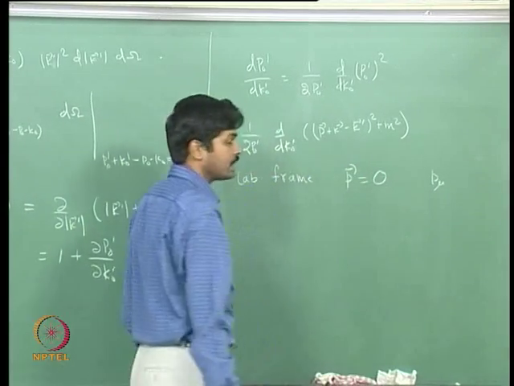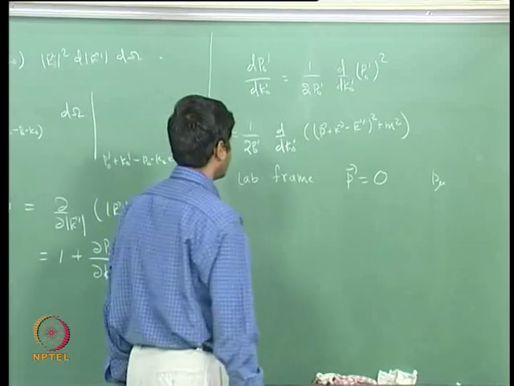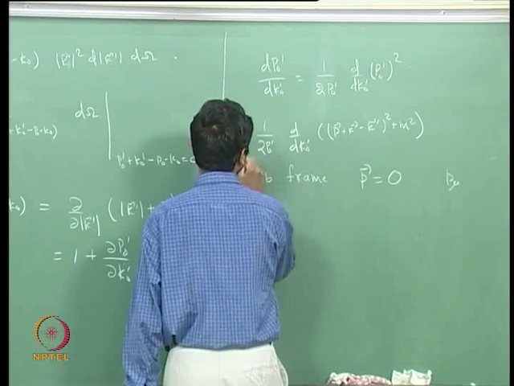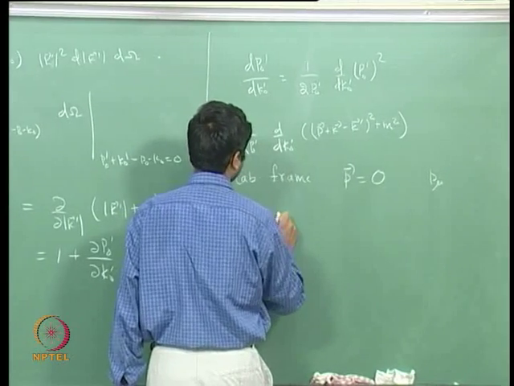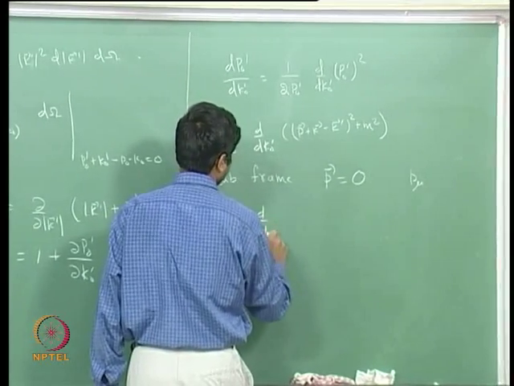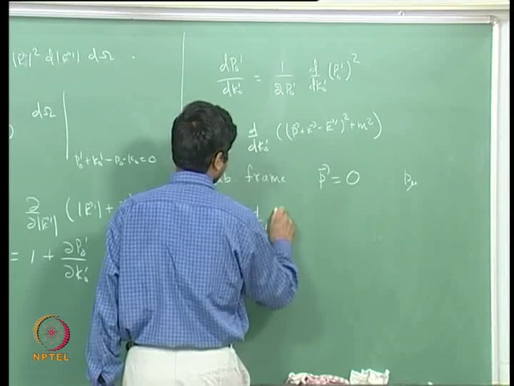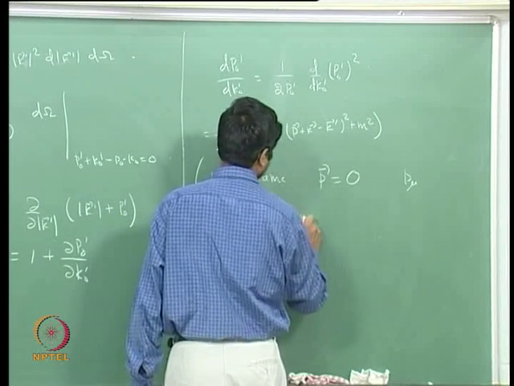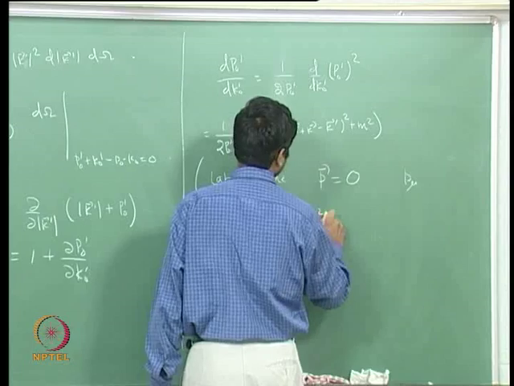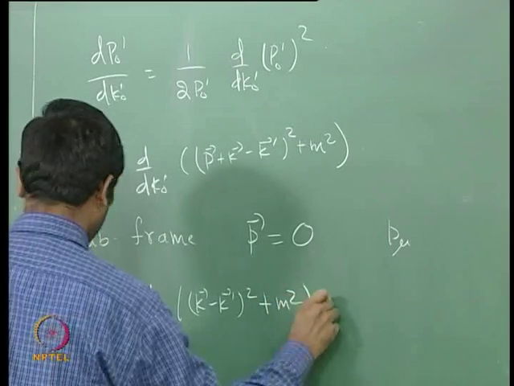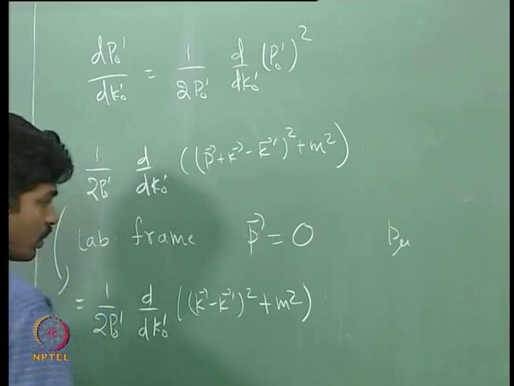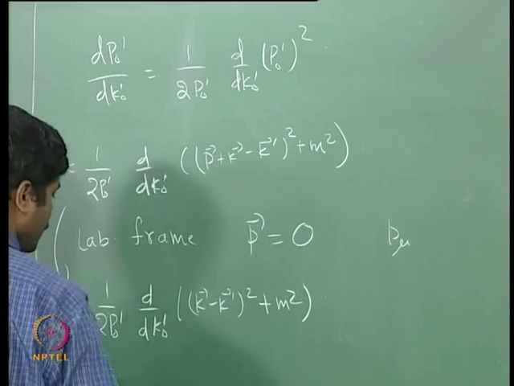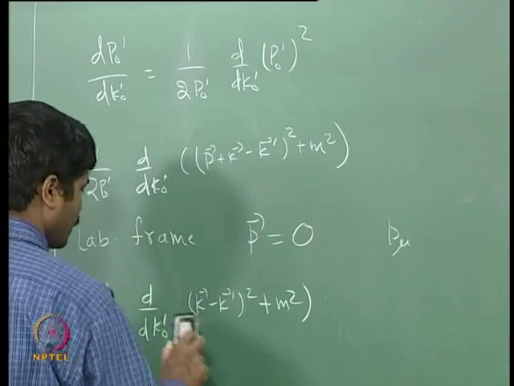We will use this result later also. So in the lab frame, this quantity is 1 over 2 p0 prime d over d k0 prime of k minus k prime square plus M square. The M square dependence will anyway go away because we are differentiating with respect to k0 prime.